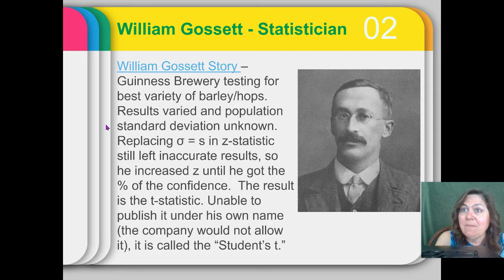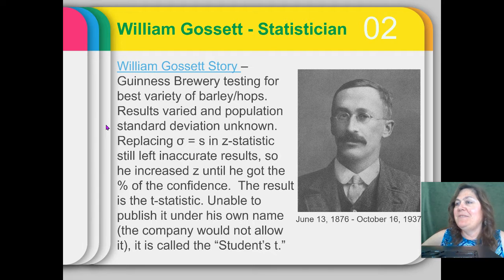What's crazy is this man did this without any calculators, without any computers. And this was basically his life down in the basement with mathematical computations until he could find the right t number that would give them that confidence level with the accuracy that was needed. Back in the day, let me see here because I could show you.